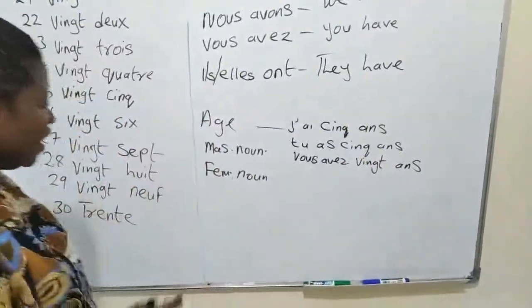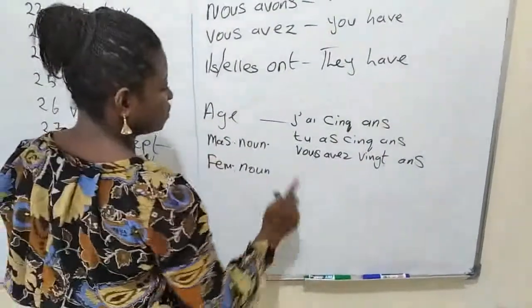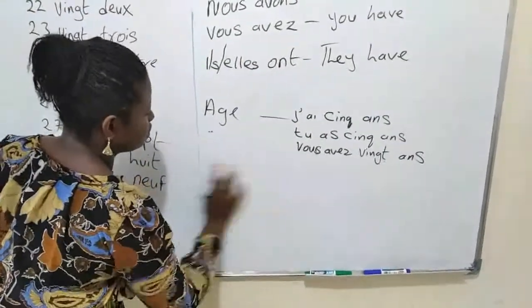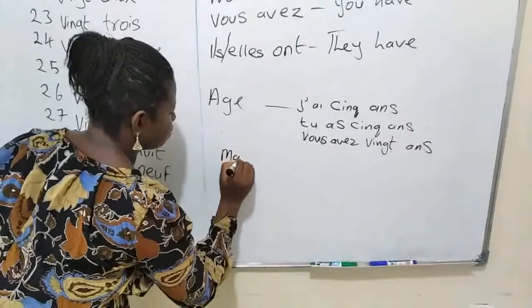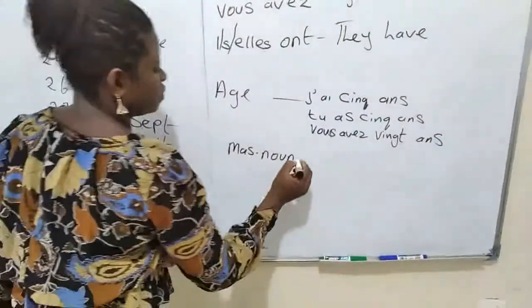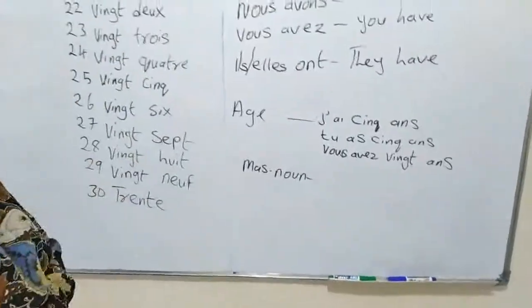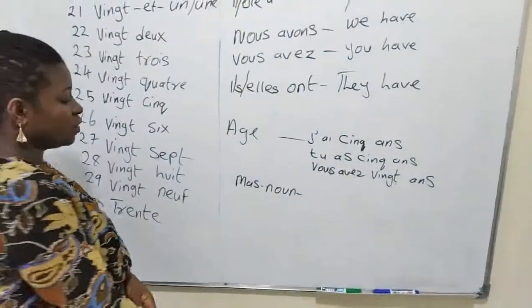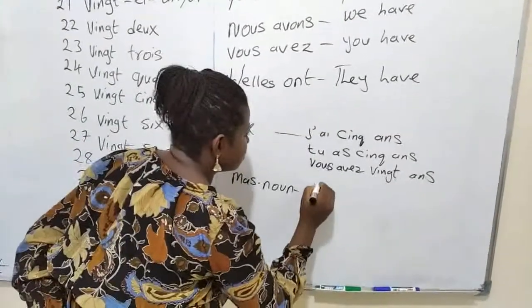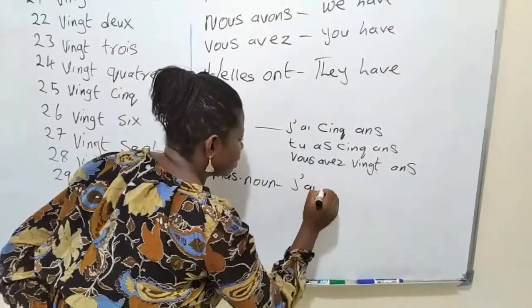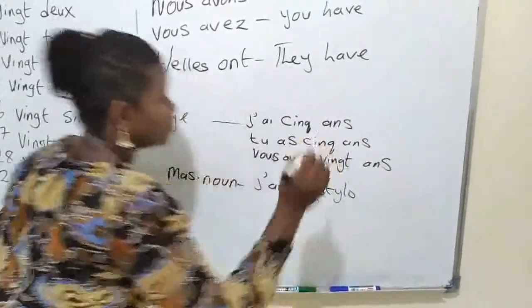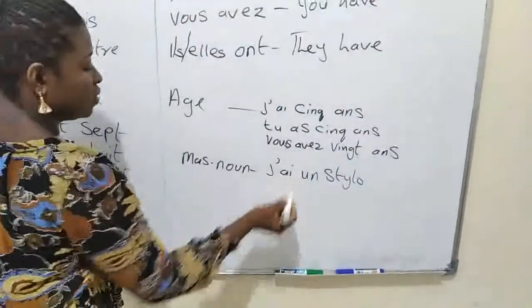Okay. Let's go to masculine now. Masculine noun here, let's use pen. J'ai un stylo. J'ai un stylo.